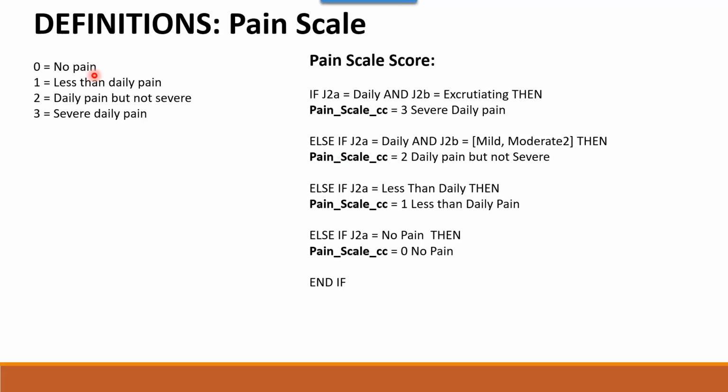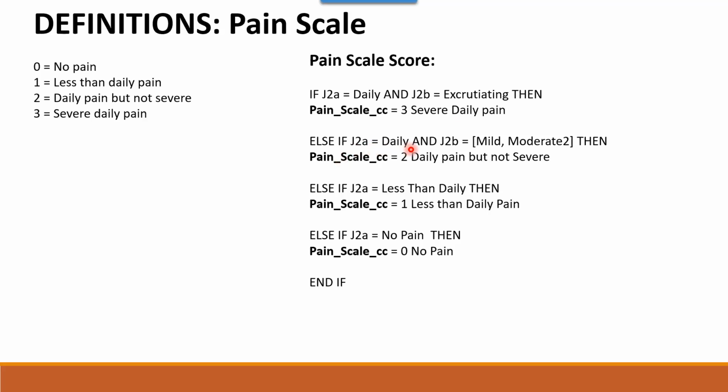You can see the scale goes from 0 to 3, where 3 is maximum pain, so it's severe daily pain, and a 0 means there's no pain. So if J2A, which is the pain frequency, is daily and J2B, the intensity of pain, is excruciating, then we're going to give them the maximum score, severe daily pain.